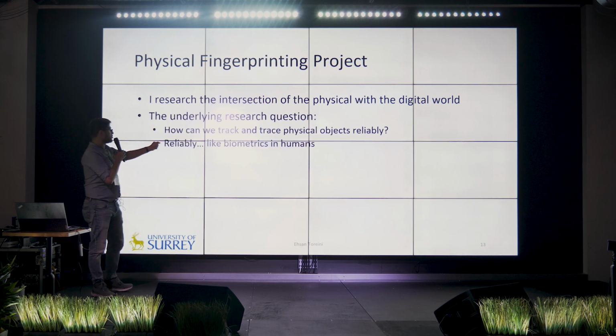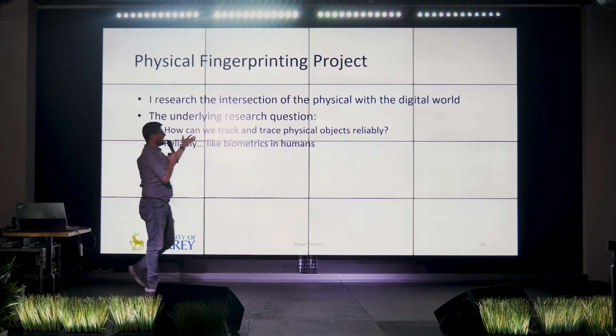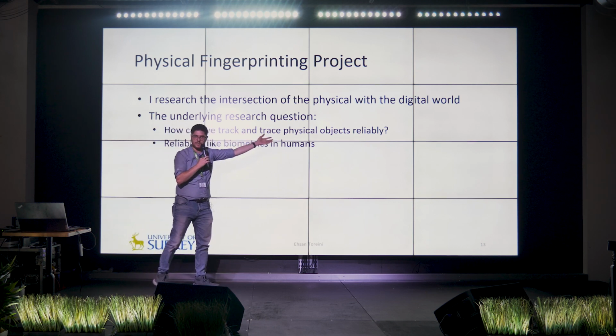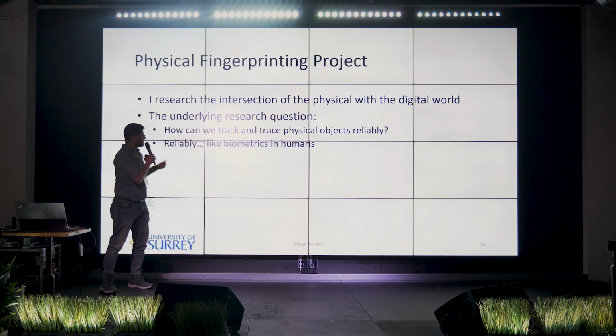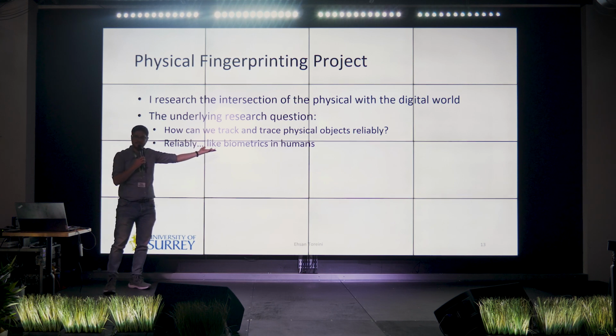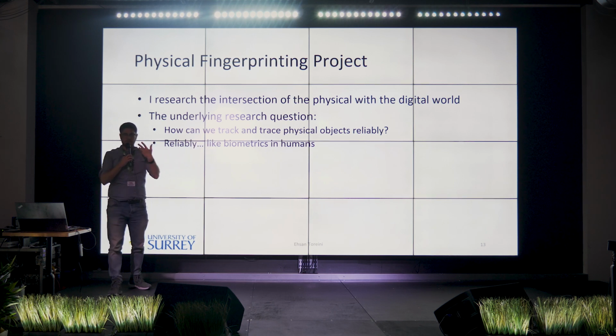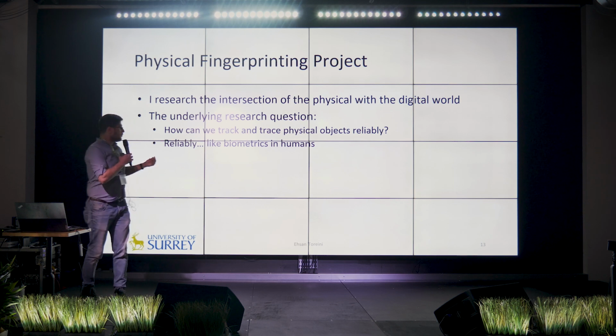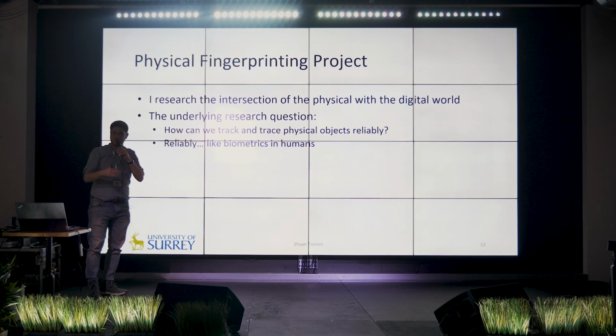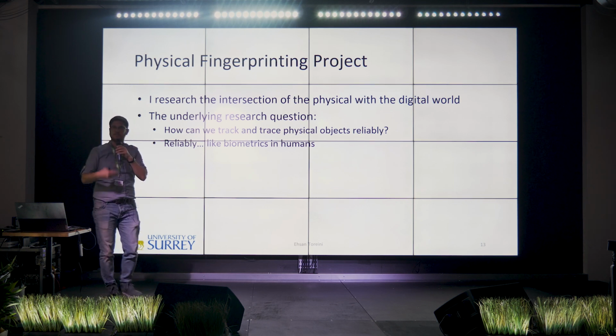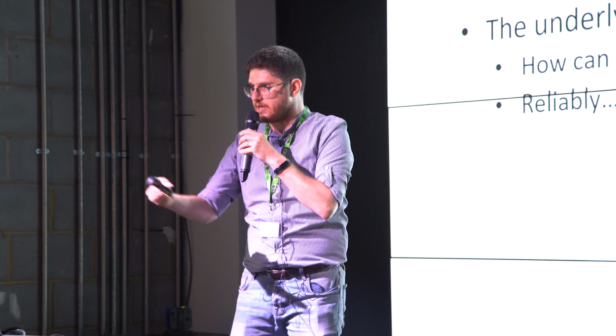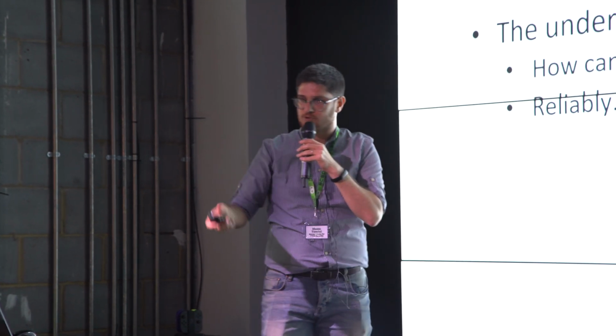The underlying research question is, how can we track and trace physical objects reliably by using digital means? A good example would be biometrics in humans. Do physical objects have something like biometrics in humans that you can use to track them?